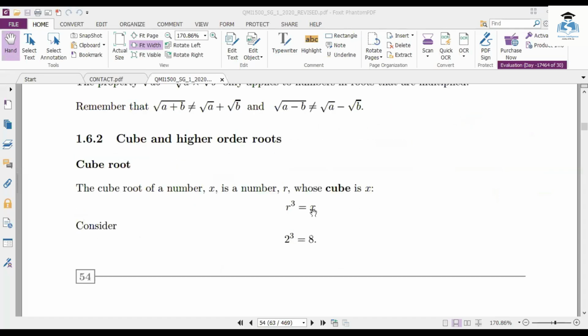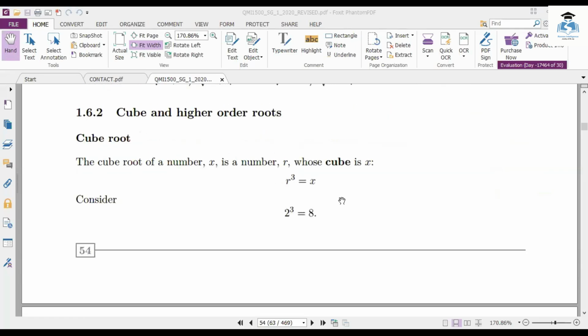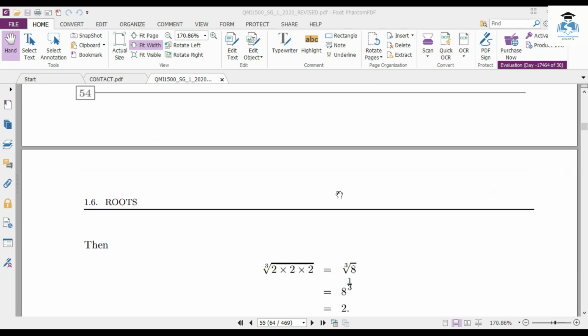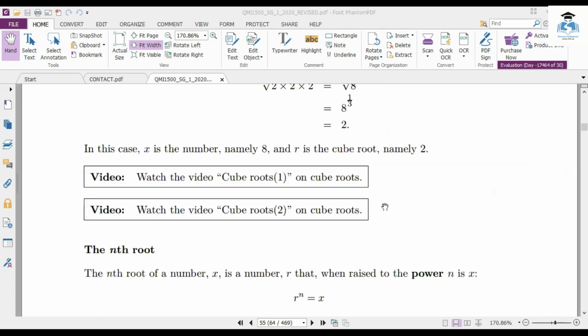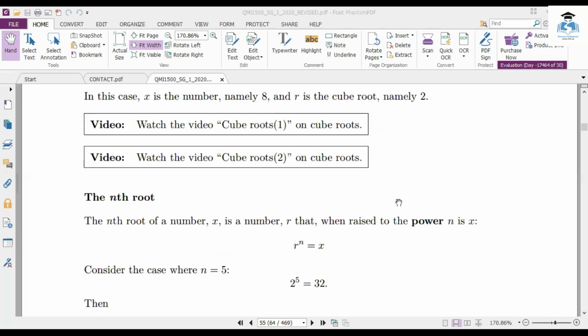Then the cube root of a number x is a number r such that r to the power 3 is equal to x. So sometimes you use this to find the unknown terms.